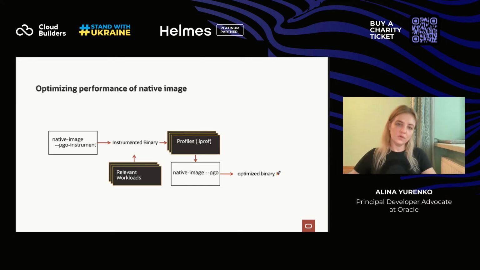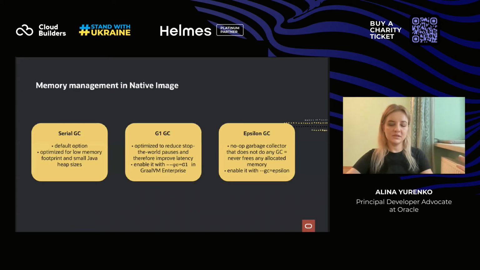So one thing you can do is you can collect this profile information, feed it to native image at the image build time, and then native image can build your Java application aware of those profiles. So kind of getting an insight into how your application will behave at the runtime. And this way it can produce a native executable that is specifically tailored for the best peak performance based on your application behavior. So that is one thing you can do to optimize for the best peak performance.